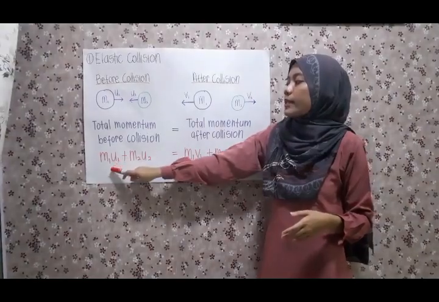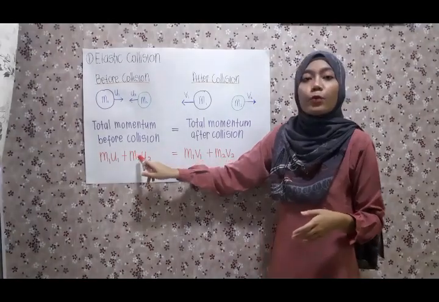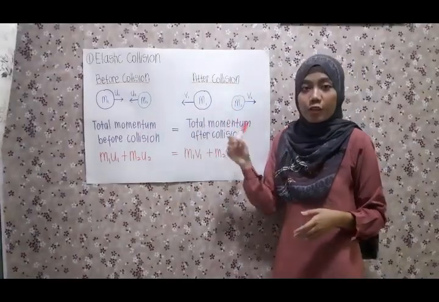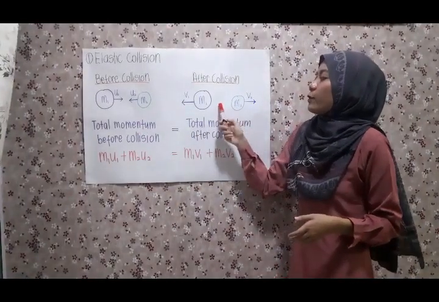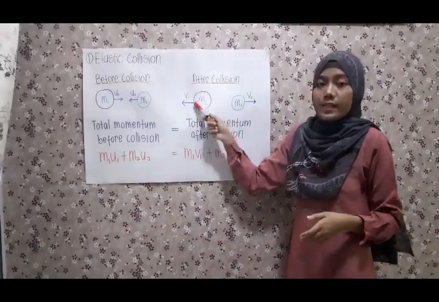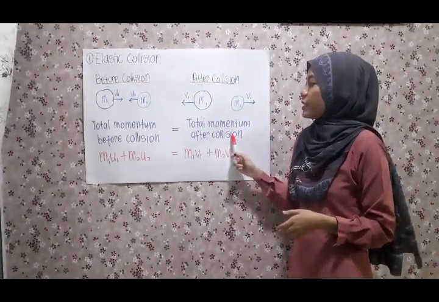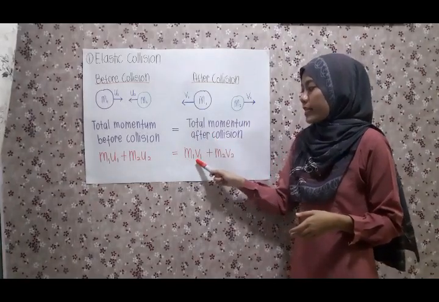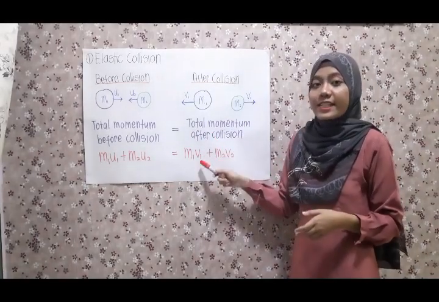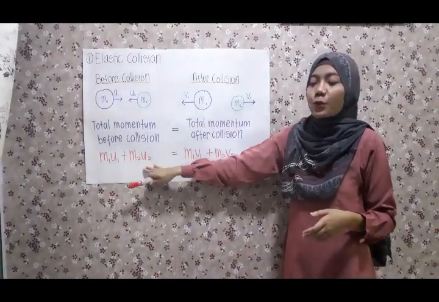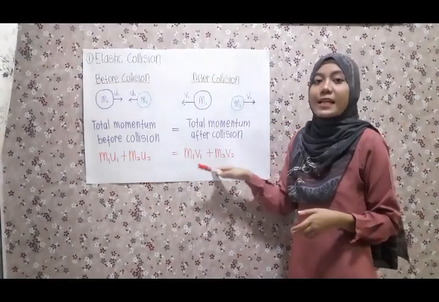So the formula is m1u1 plus m2u2, where u is initial velocity. The same goes for after collision: momentum for the first object plus momentum for the second object gives the total momentum after collision, so m1v1 plus m2v2, where v is final velocity. So m1u1 plus m2u2 is equal to m1v1 plus m2v2.